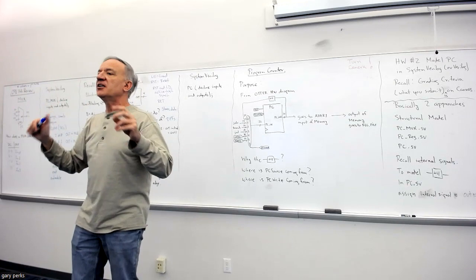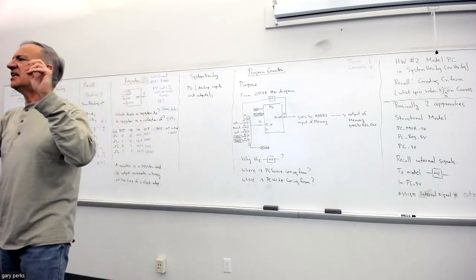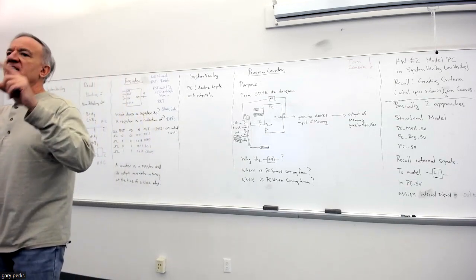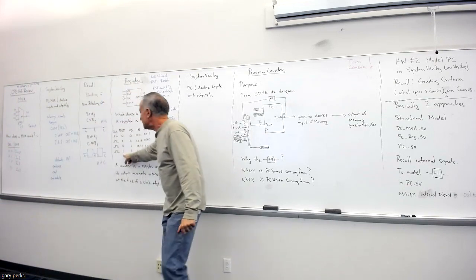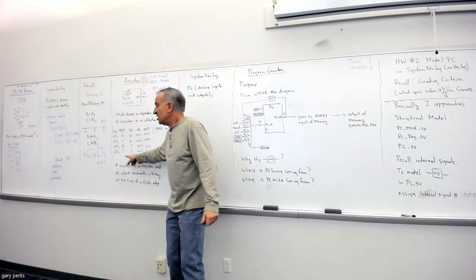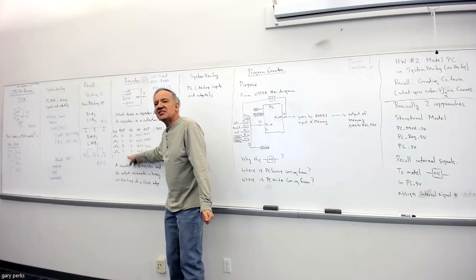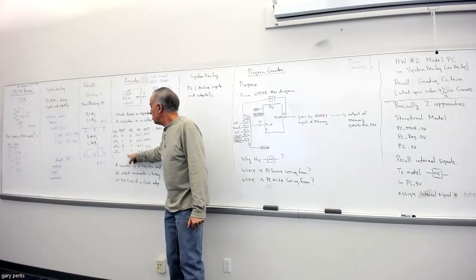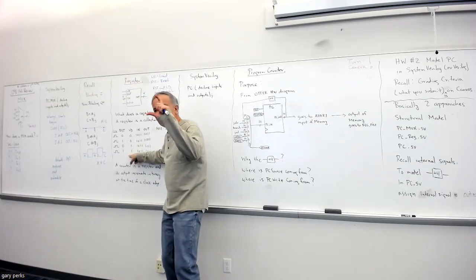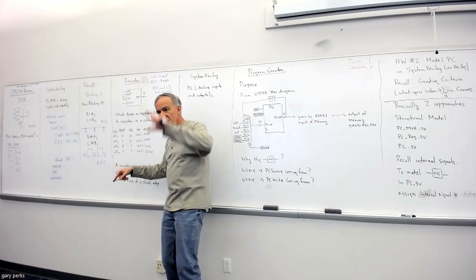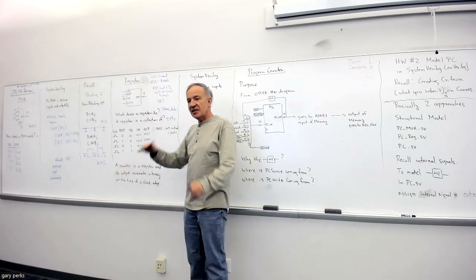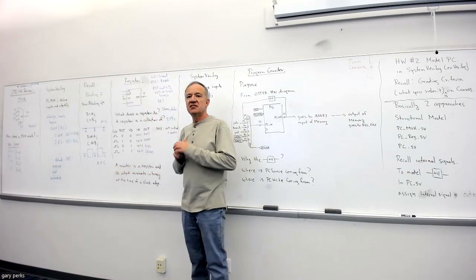And then the second part is, well, what test cases can I give to try to break this thing? See, this would be a test case where you're trying to break it, right? Because you wouldn't normally reset and load at the same time. But if you did, as long as you gave reset the priority in your code, well, it should reset, and that would be something you would test.